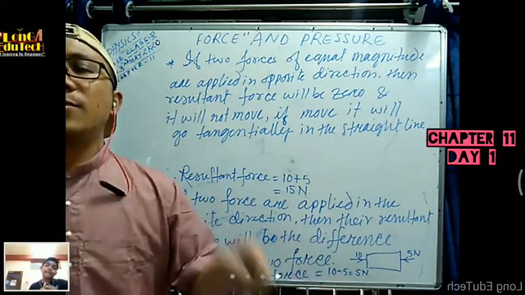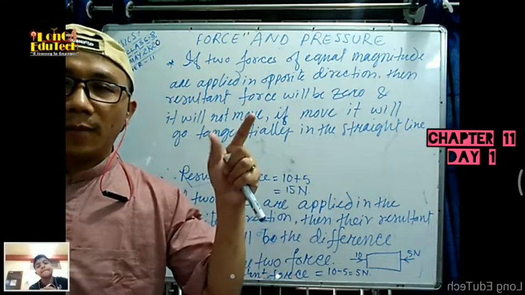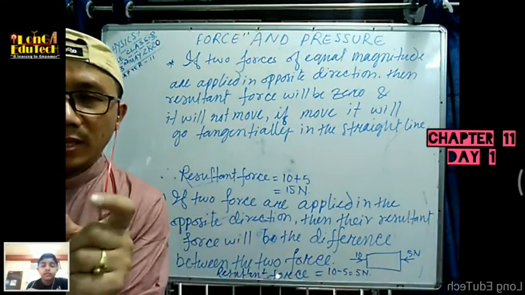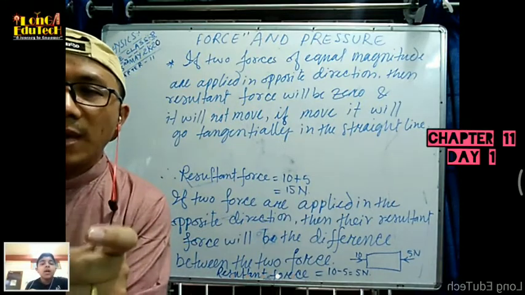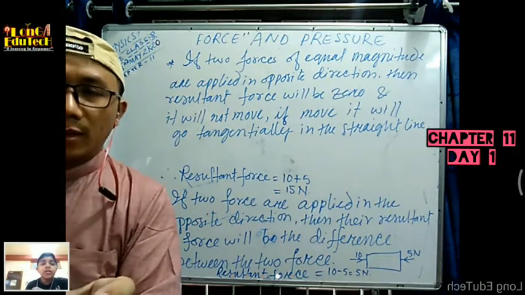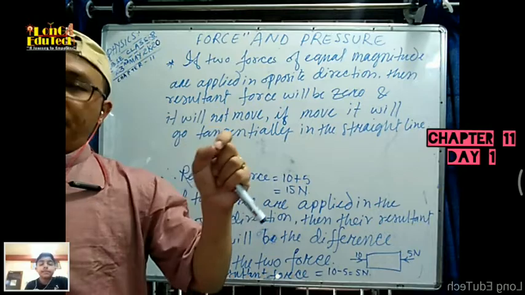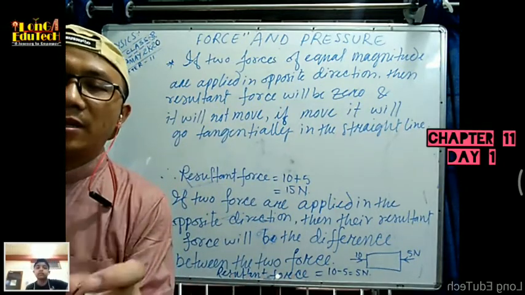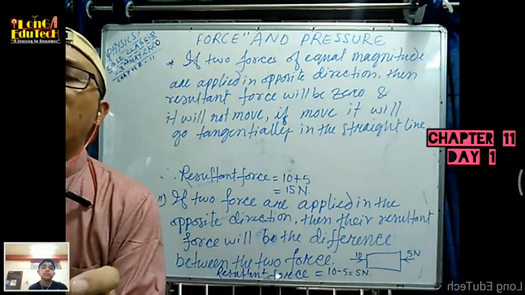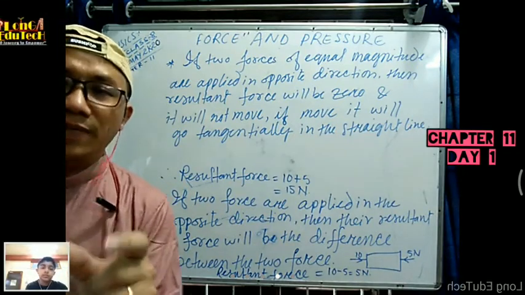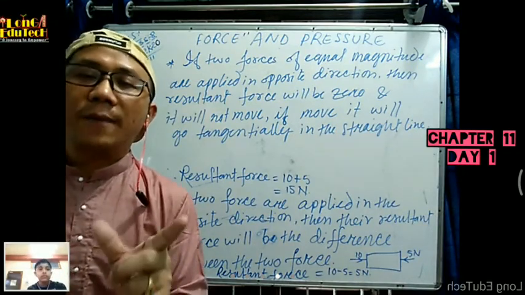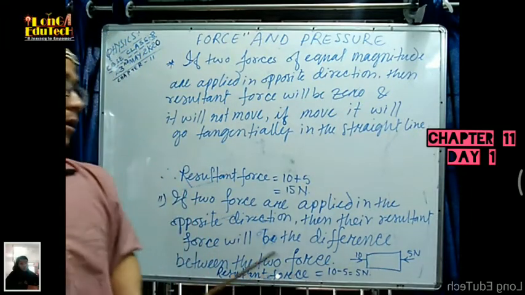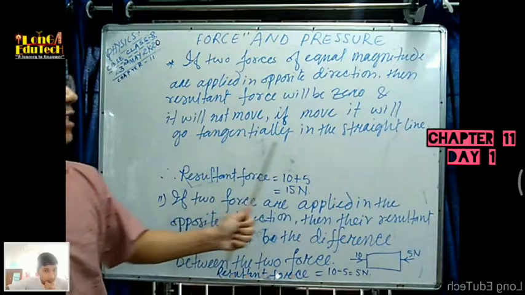If you go to buy potato, then 5 kilogram will be its magnitude. If you go to buy petrol, then 5 liter of petrol will be the magnitude. So in physics, we term it as the magnitude. Got the point?